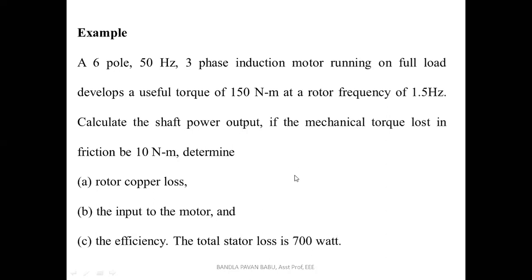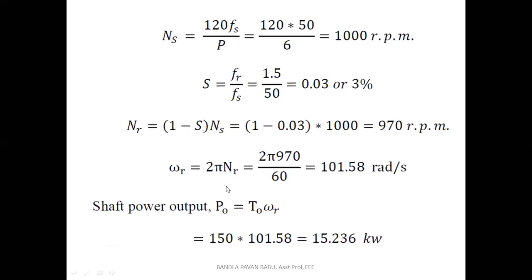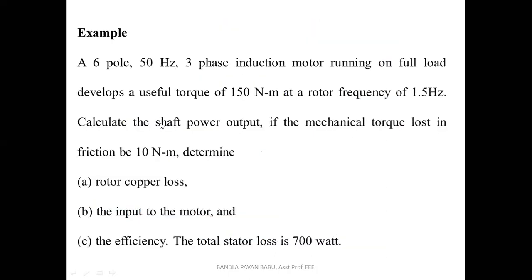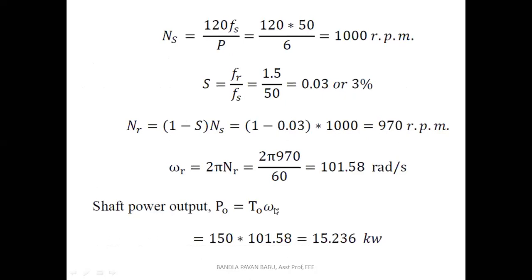So let us see. In order to find out the losses there, before that, they have asked us to find out the shaft power. So shaft power is P equal to T into omega. So for that we need to find out omega, or omega R, as per our convenience. So first we need to find out the synchronous speed.